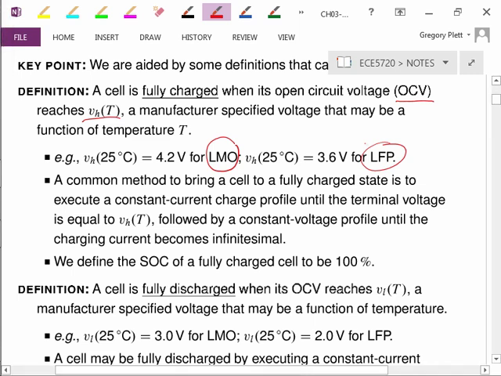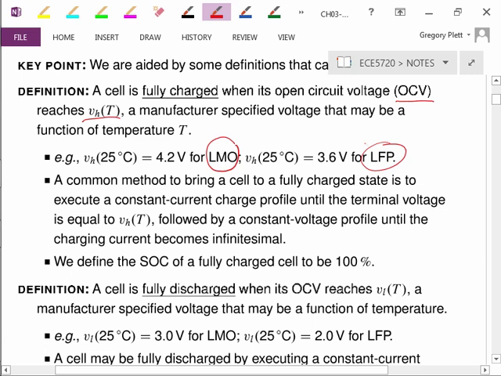Now this definition is a precise, accurate definition. How do we achieve it in practice? So a common method to bring a cell to a fully charged state is to charge the cell with some constant current until the measured terminal voltage reaches this maximum voltage.